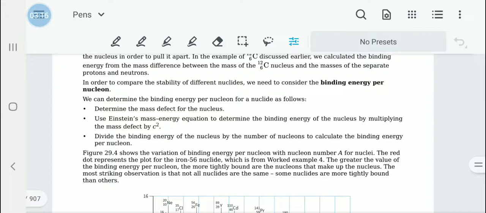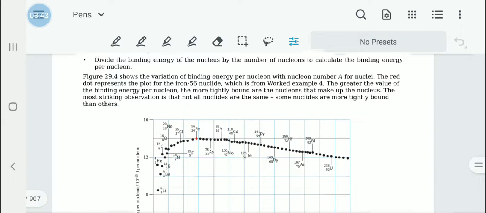Then, using Einstein's mass-energy equation, we determine the binding energy of the nucleus by multiplying the mass defect by c squared. Then we divide the binding energy of the nucleus by the number of nucleons to calculate the binding energy per nucleon. Right? That is something that we need to figure out.